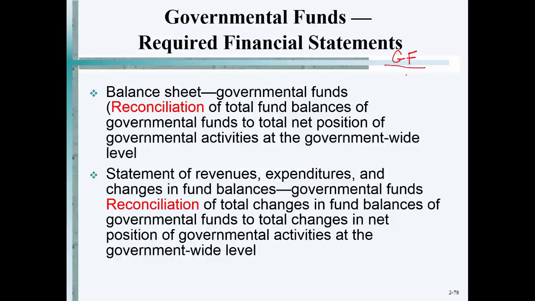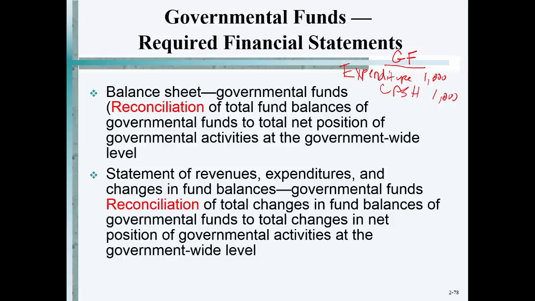General fund, modified accrual accounting. Purchase equipment. Debit expenditure, right? I'm going to debit expenditure for $1,000. And when you spend cash, what do you credit? Cash for $1,000. Okay, good.